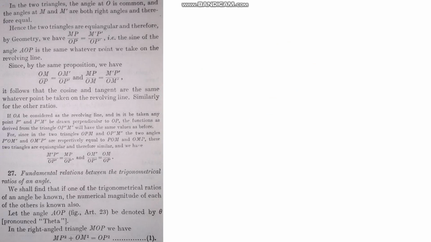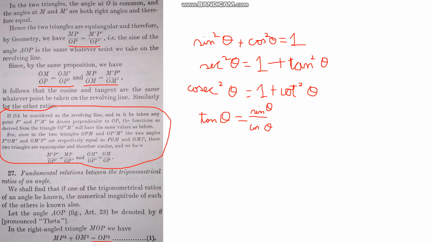Let's move on to the proofs. They are proved by dividing. This is the Pythagorean theorem statement we have written. Then we have divided both sides by OP square, so we got sine square theta plus cos square theta.